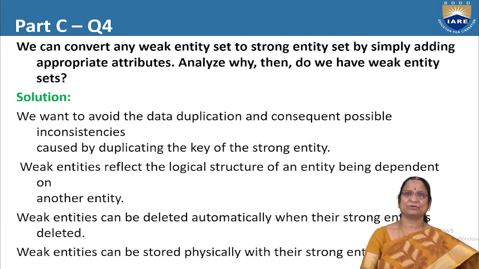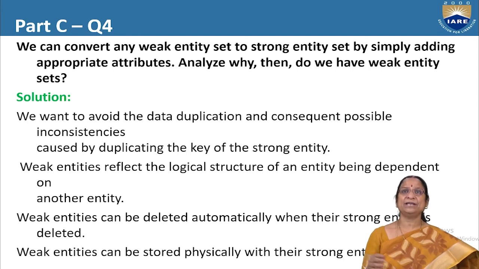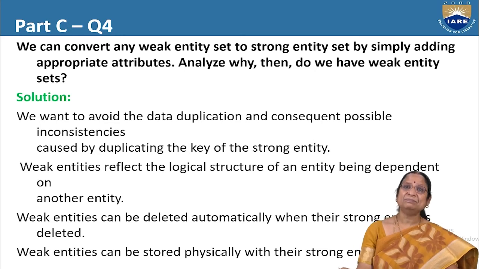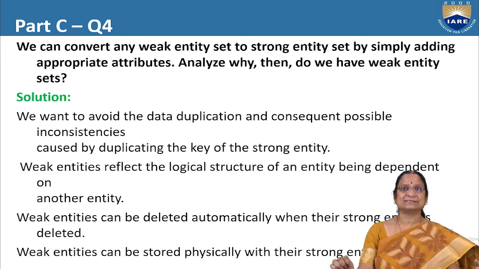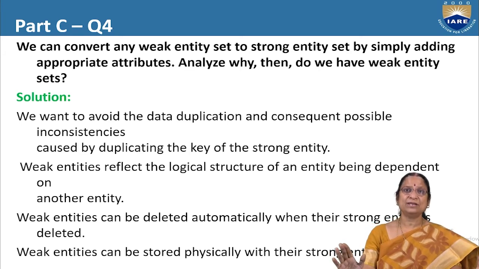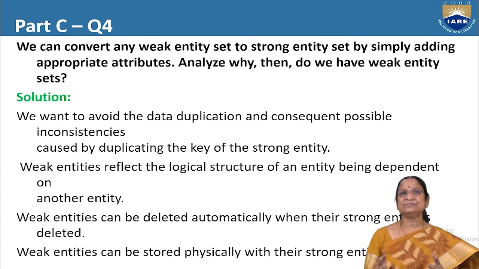Why should we have them? The main reason is we want to avoid data duplication. If you include it directly in our strong entity set, data will be duplicated. Most of the redundancy will occur, and because of duplication, we would have to face multiple problems. Our ultimate goal in database management systems is to reduce data redundancy as far as possible.